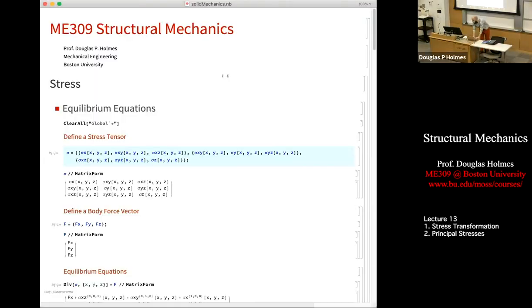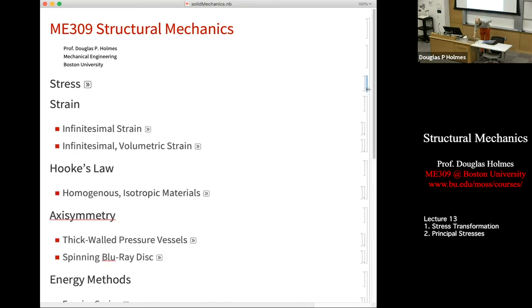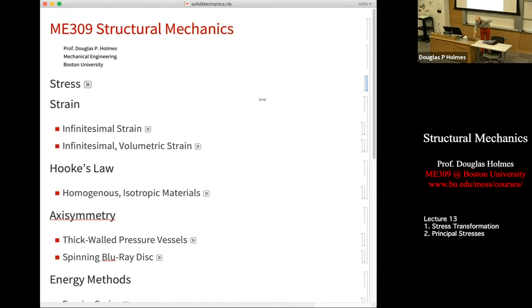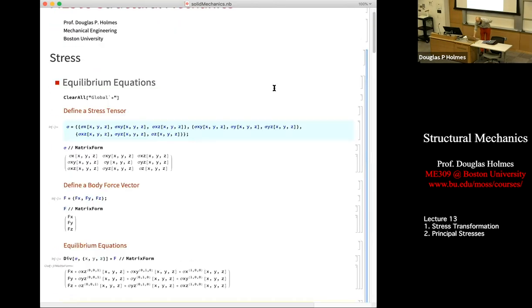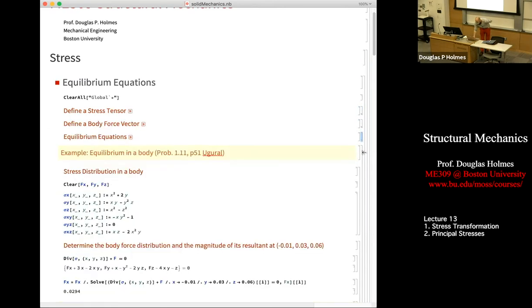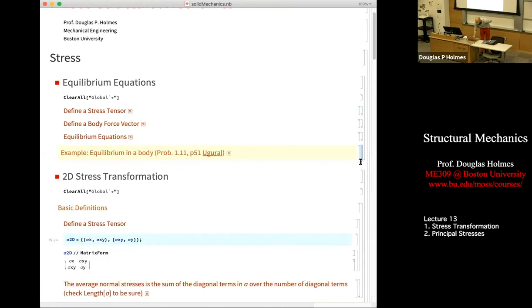This Mathematica notebook I sent you has a bunch of other stuff in there that'll be useful for us throughout the remainder of the semester. For now, you can ignore it. But we'll start up here. We have stuff on stress, strain, Hooke's law, axisymmetric problems, energy methods, which I separated out into different notebooks to show you. So, okay. I'm going to close up some things here and try to make this look nicer.